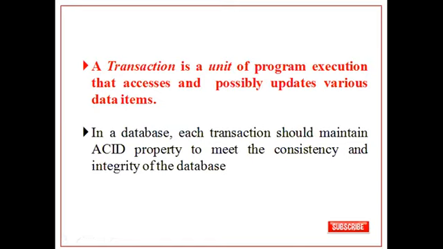In a database, each transaction should maintain ACID properties to meet the consistency and integrity of the database. For example, if you transfer $50 from account A to account B, obviously that transaction must maintain ACID properties to meet the consistency and integrity of the database.